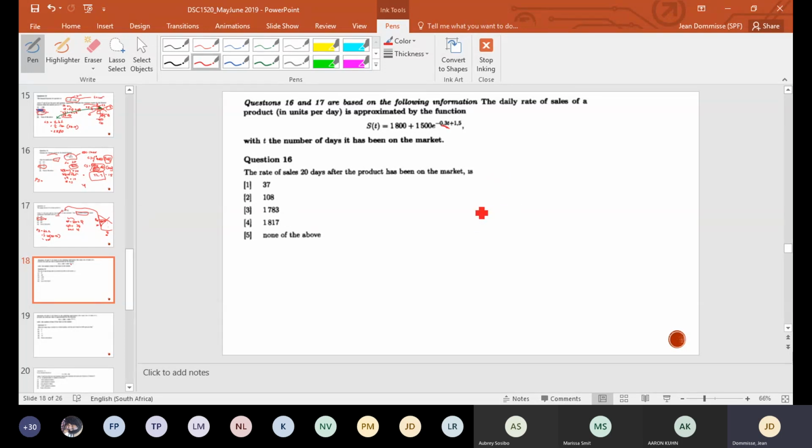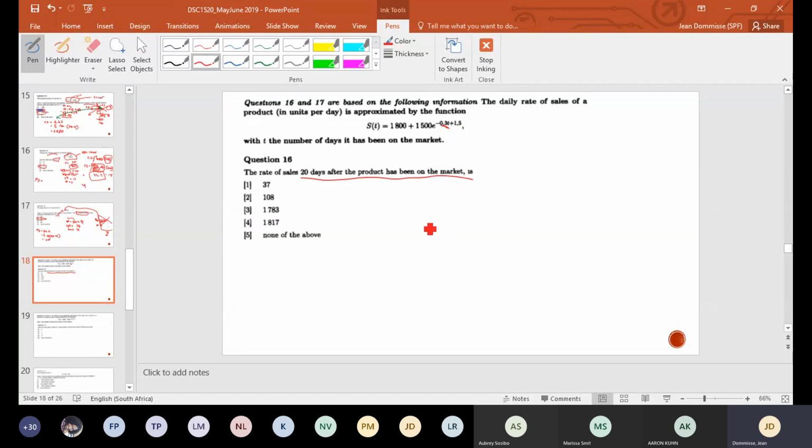But depending on the question, we can see what we need to do. So they tell us the rate of sales 20 days after the product has been on the market. So if that is the number, the daily rate of sales, we basically just substitute the 20 into that.